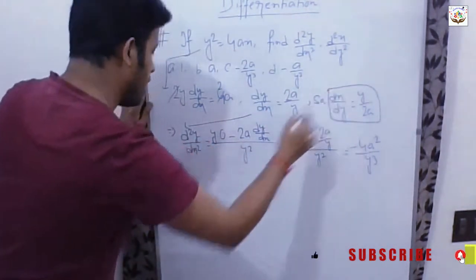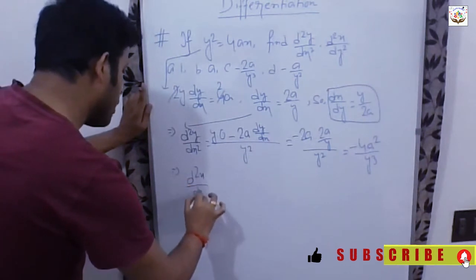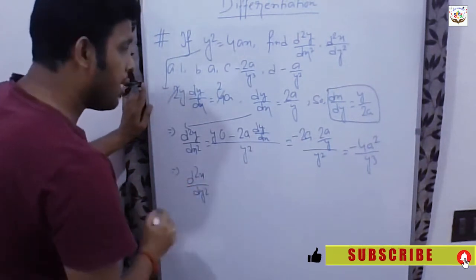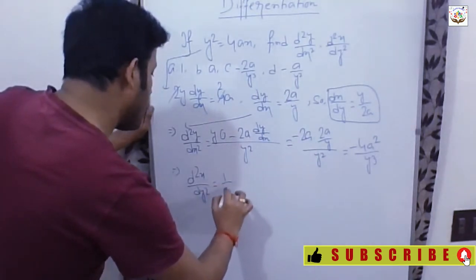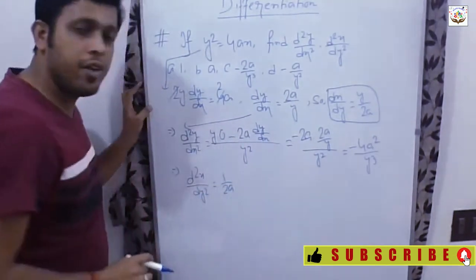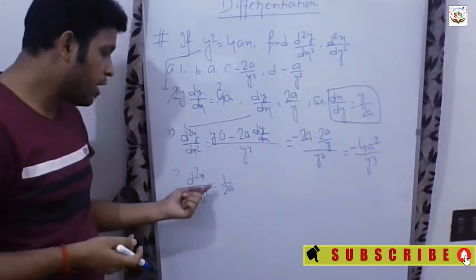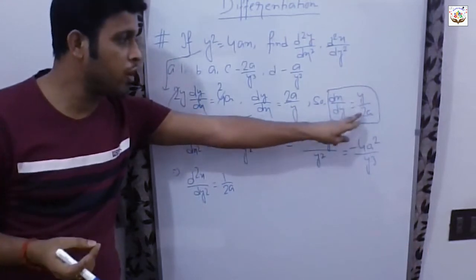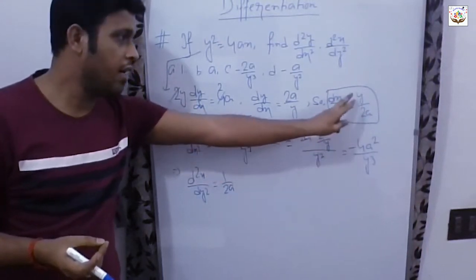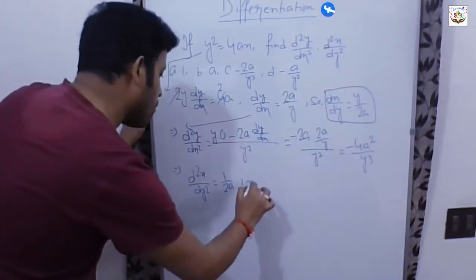So if we differentiate it, we will get d2x by dy square equals to 1 by 2a only. Why have I written only 1 by 2a? Because we are differentiating this part with respect to y. That means y by 2a is differentiated, and d dy of y would be 1. So that is 1 by 2a.